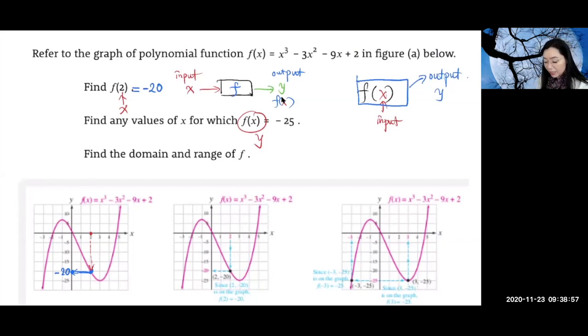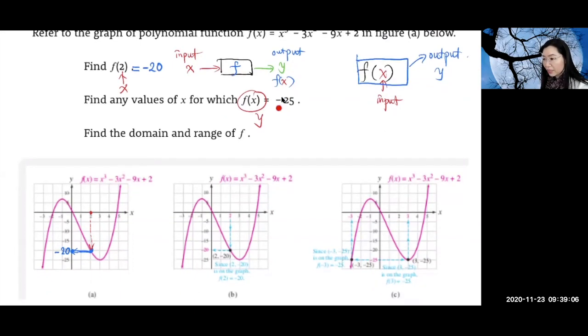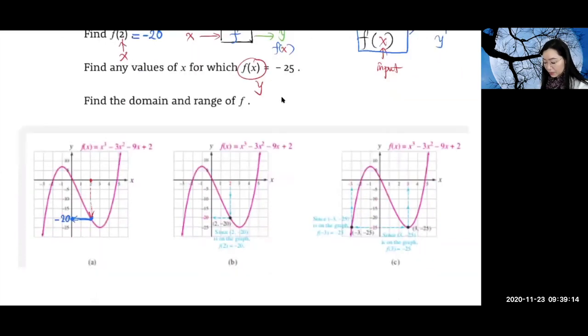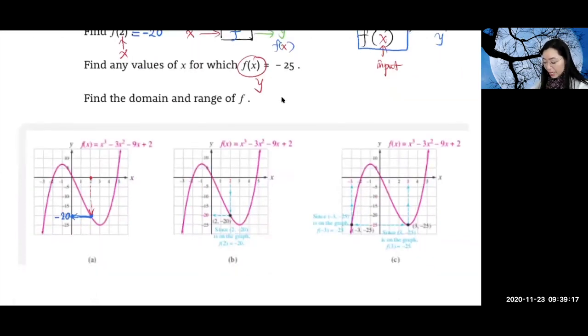Okay, the second part here. Find any values of x for which f of x equals negative 25. Now, this negative 25 corresponds to f of x, which you can think about as the y, okay? So on the y-axis, we're going to locate negative 25. I see this negative 25 over here.